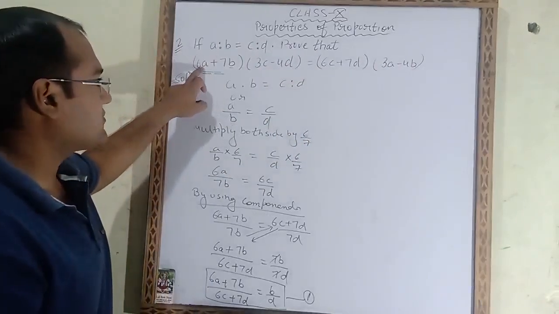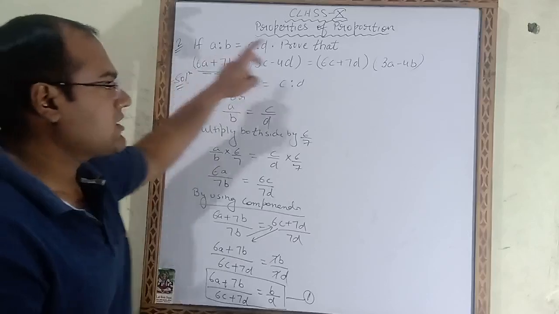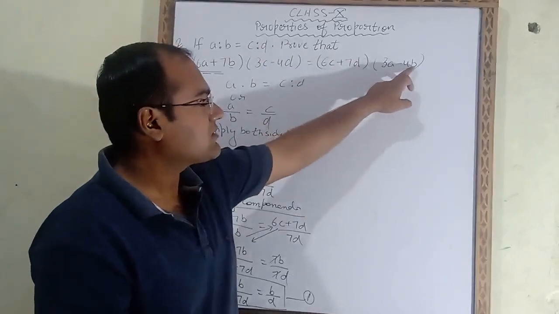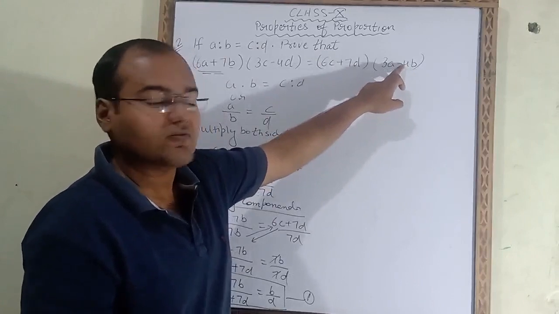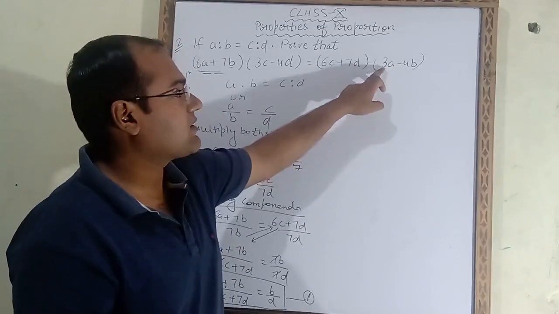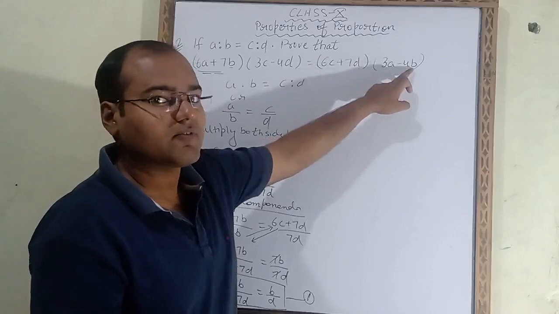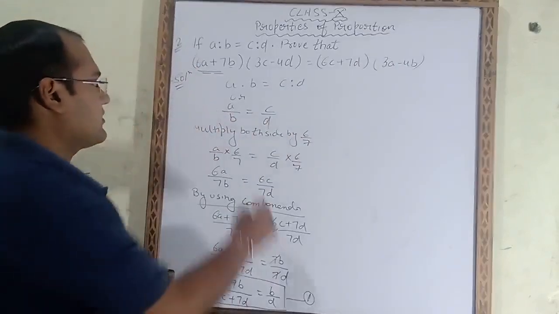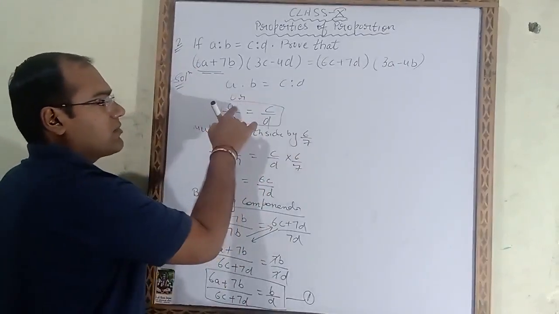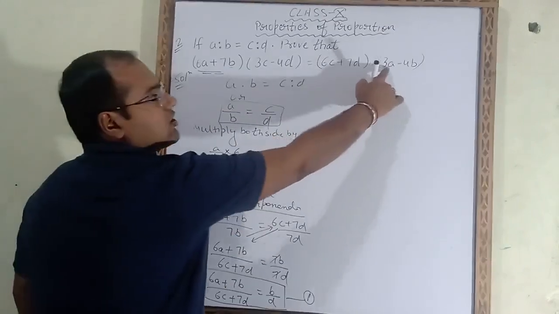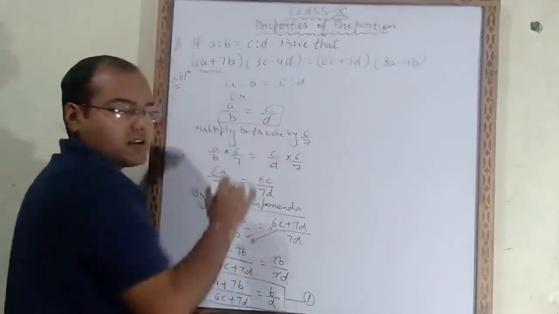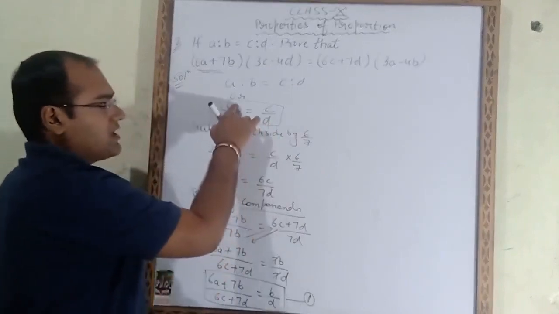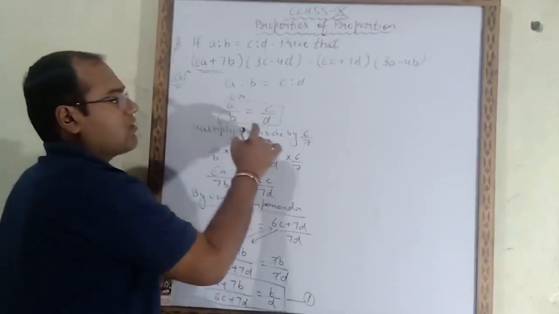As with a 6 was there and b 7 was there, here with a 3 is written and with b 4 is written. So what we have to do? With a we have to multiply 3, and b we have to multiply with 4, in order to get 3a and 4b. So 3 and 4, that means 3 upon 4.